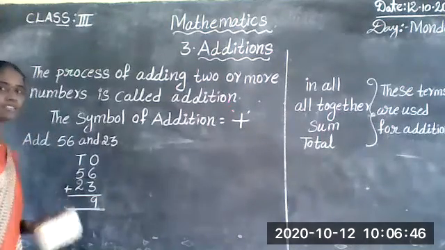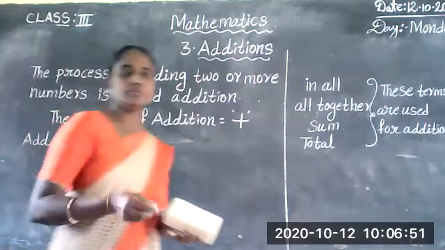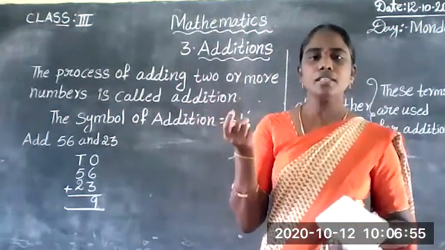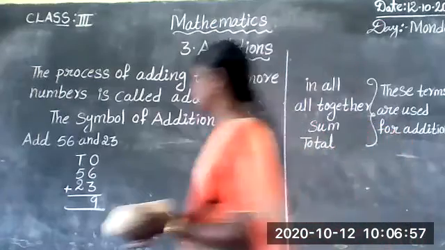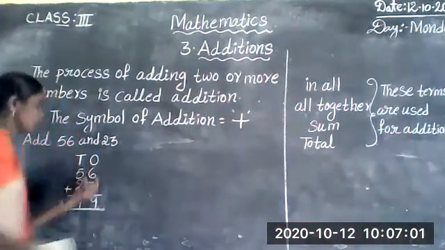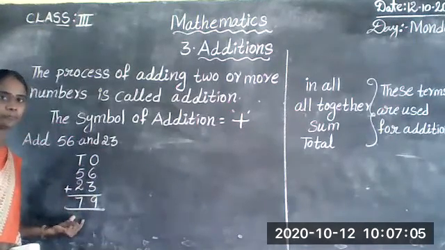Next, 5 plus 2: count 2 after 5, that is 6, 7. So 6 plus 3 is 9, and 5 plus 2 is 7.